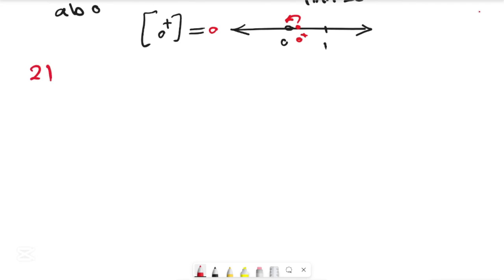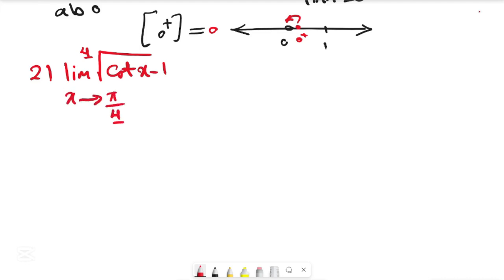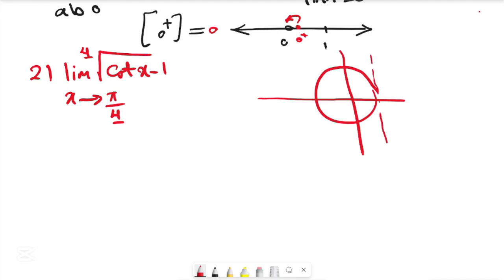But question 2, limit of 4 square root of (cotangent x minus 1), x goes to pi over 4. If we calculate this, we go to the trigonometric circle. We know that is tangent and that is cotangent, and pi over 4 is exactly here, and cotangent here is exactly 1.